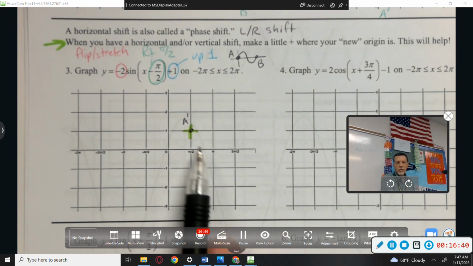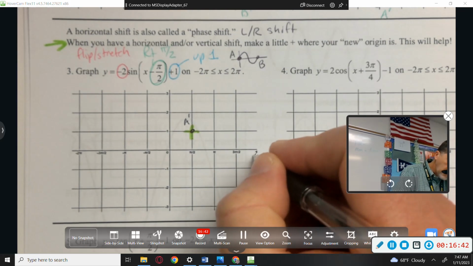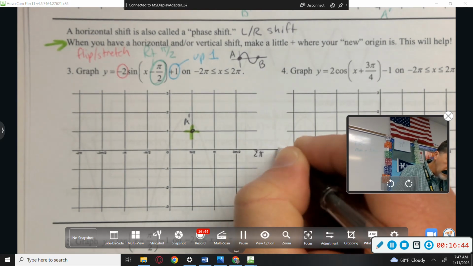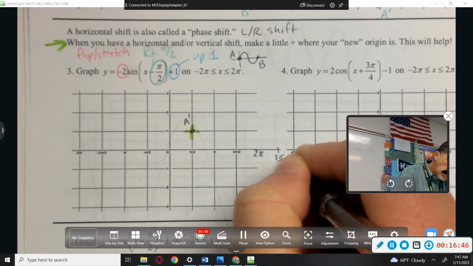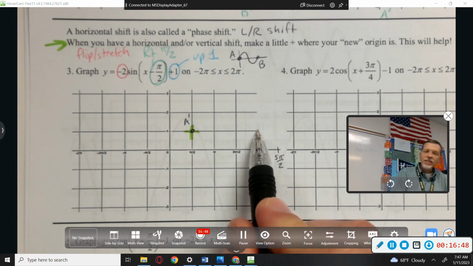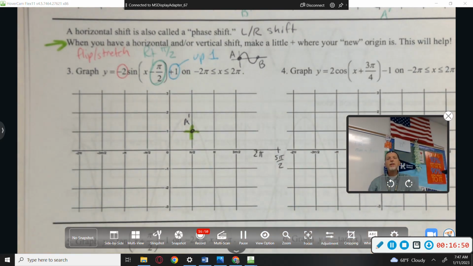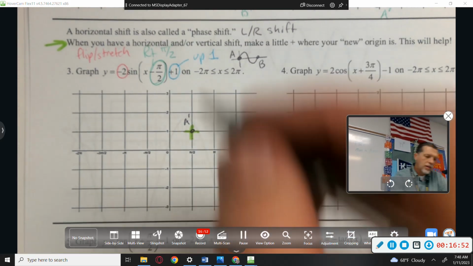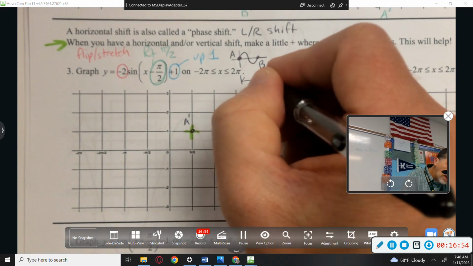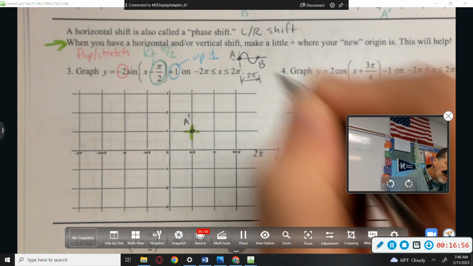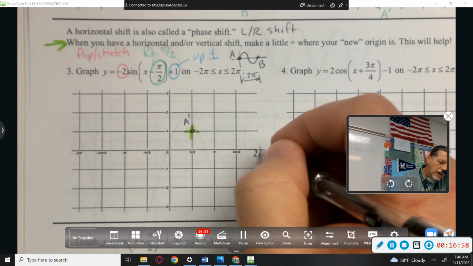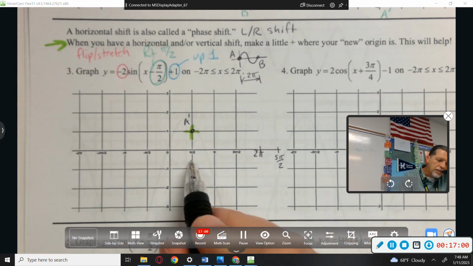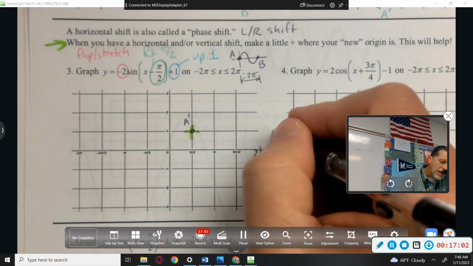So this is where we have to be careful, especially when the graph doesn't show it very well. My ending point is not 2 pi. My ending point is 2 pi away from A. So I don't want to go to 2 pi. I want to go pi over 2 past 2 pi.